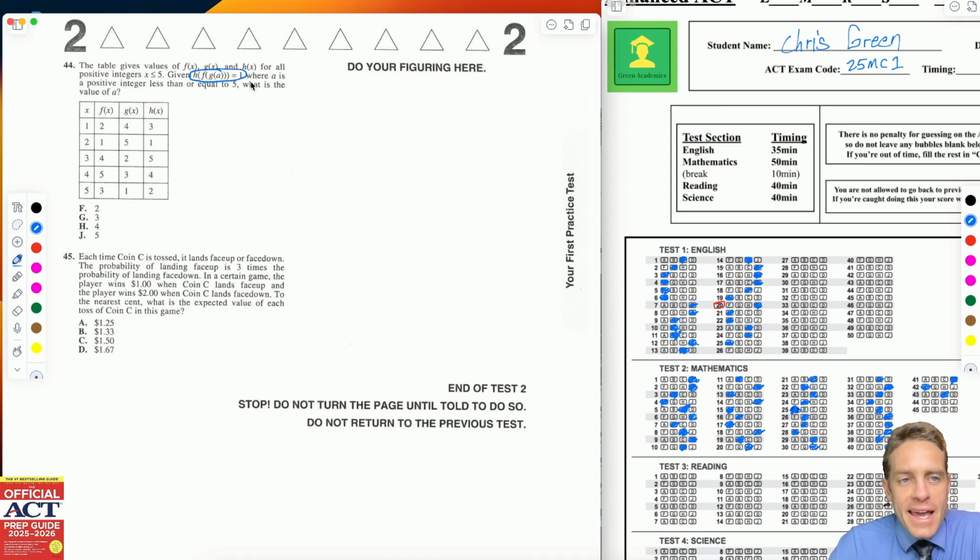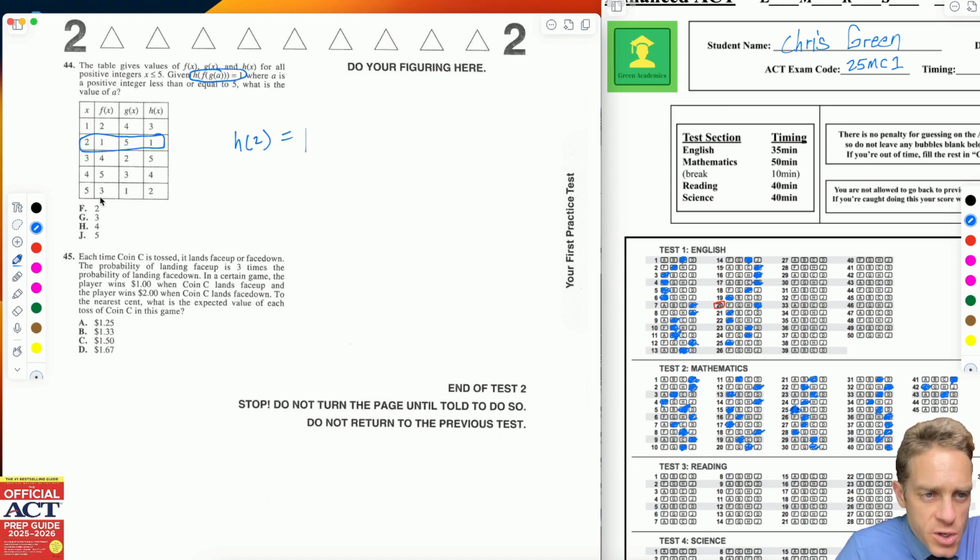So h of something is 1. So what is the input that gives you 1 as the output? Well, that's determined by this, right? So that's saying that h of 2 equals 1. So 2 is this, right?